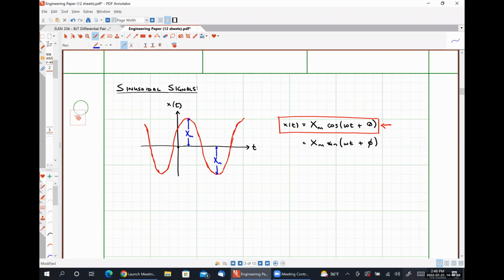So x sub m is the amplitude. You may hear me call this magnitude as well, of the sinusoidal function.